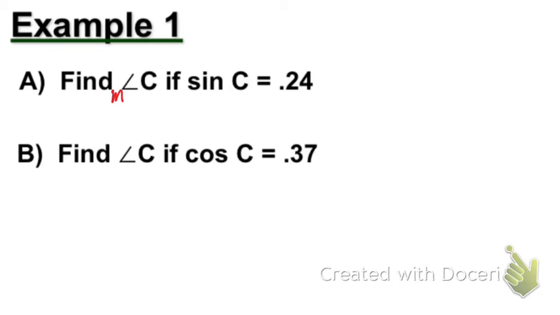Now, if we want to find the measure of the angle, you would have this originally written, sine of angle C is equal to 0.24. And mathematically, what happens here is you would take the inverse sine of both sides, just like how we would take the square root of both sides to undo a square. Same idea.